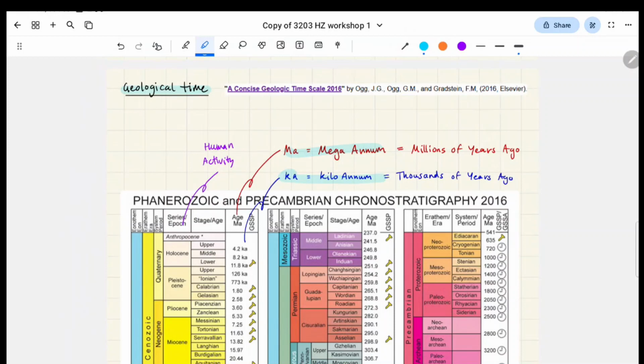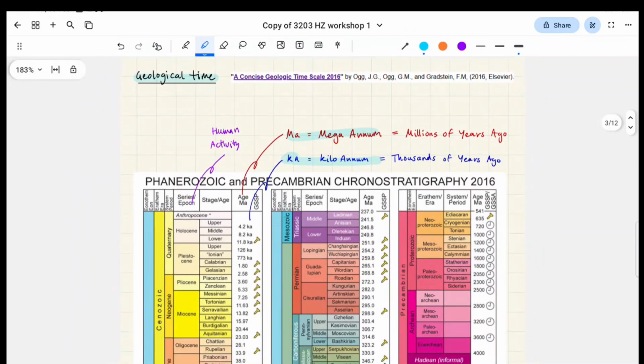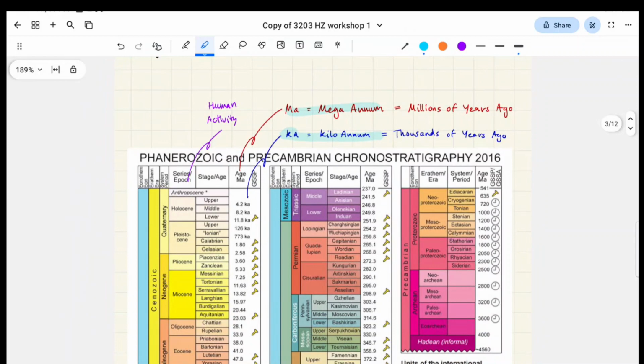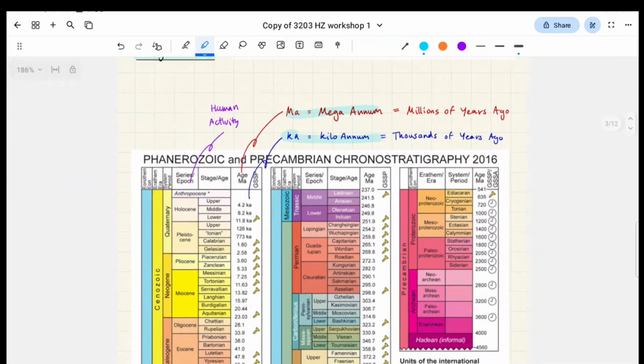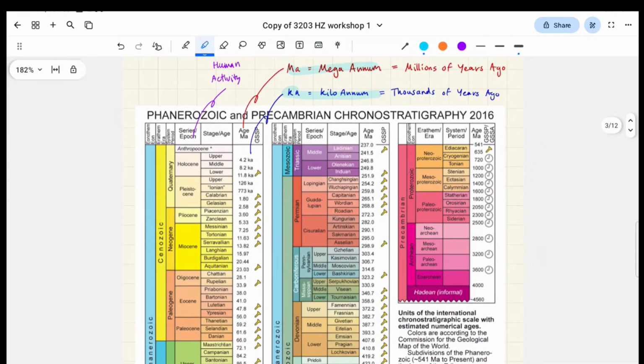That's pretty much it. And these are based on fossils or something. The main takeaway is that older rock belongs at the bottom, newer rock is at the top, right? And so you can break it up based on that.